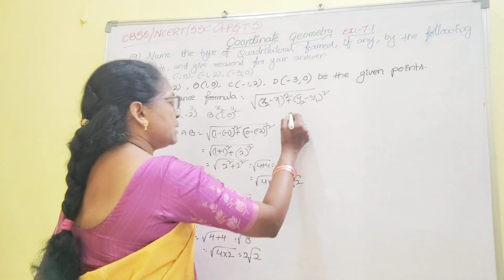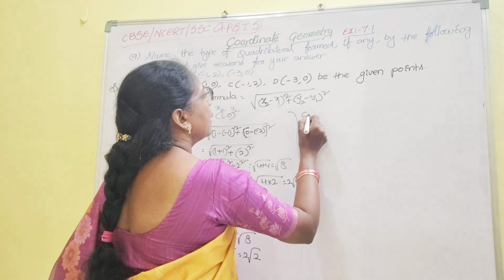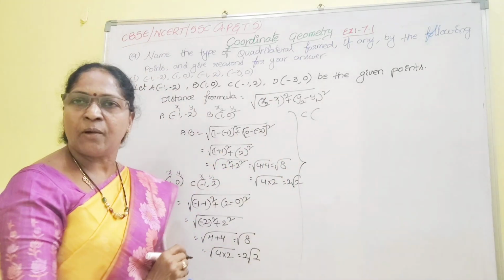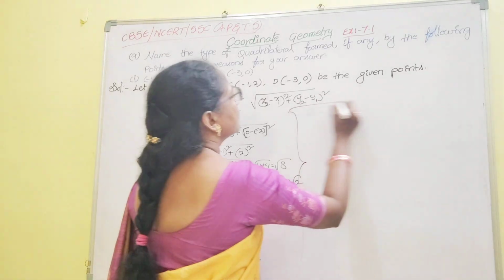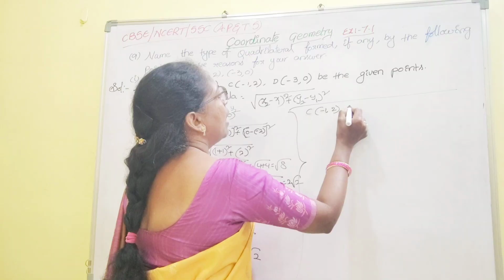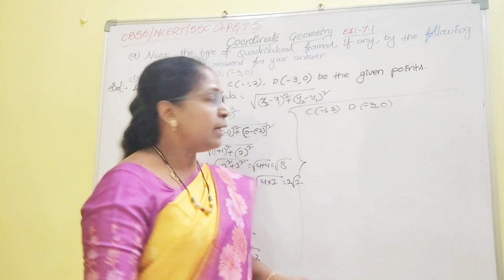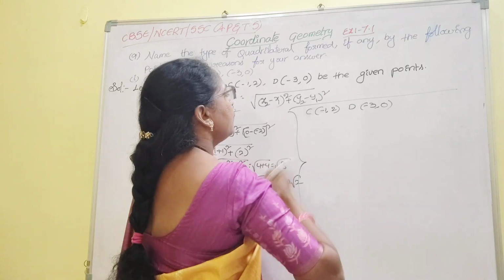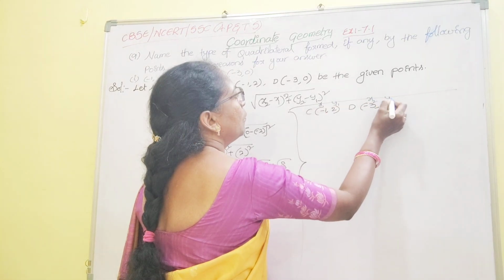So AB, BC, already we got it. Now after BC, CD. Consider C point, where C is (-1, 2) and D point is (-3, 0). Let us represent x1 y1 x2 y2.